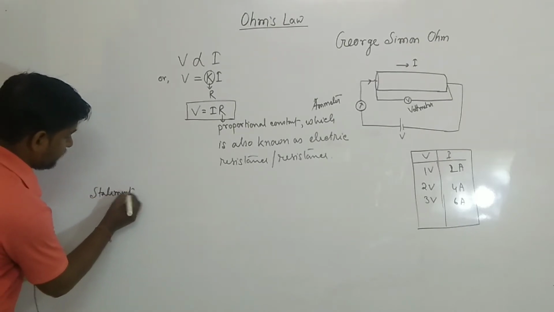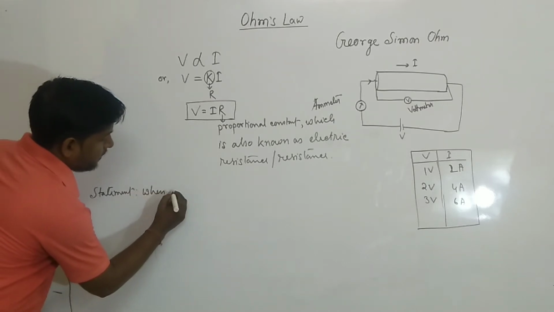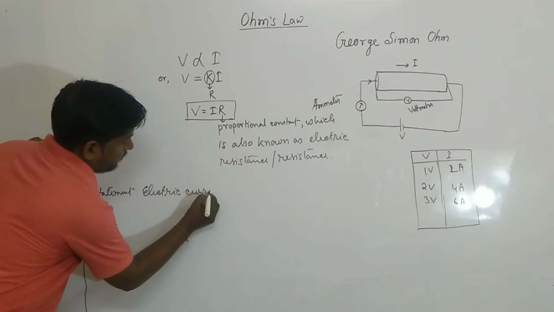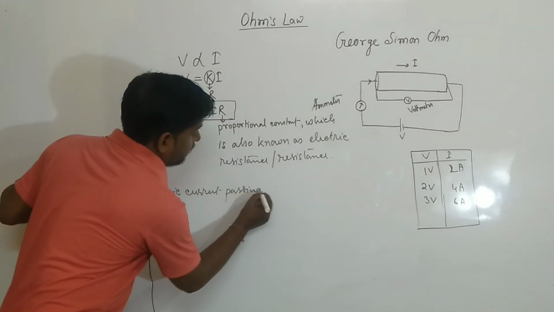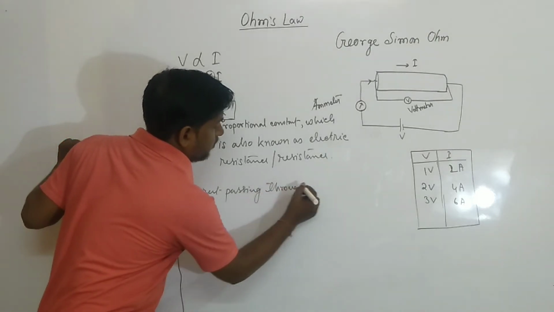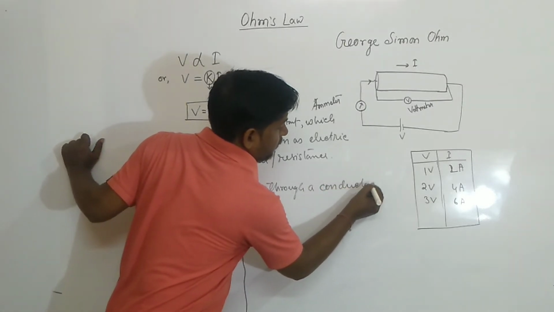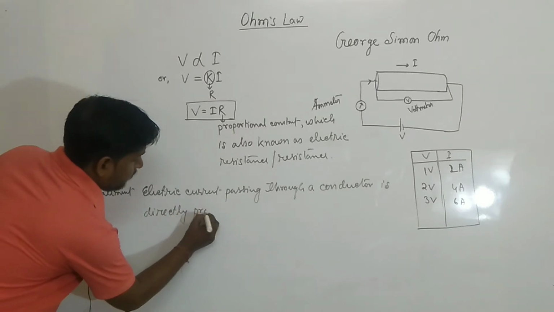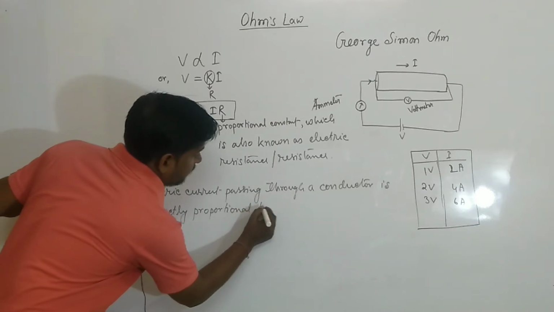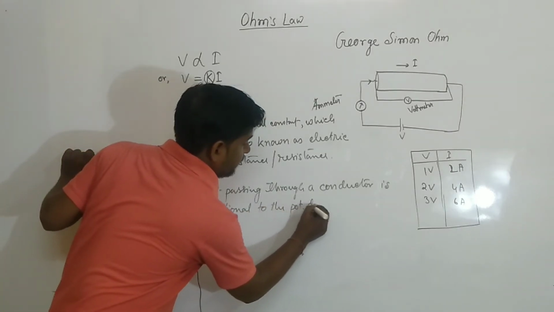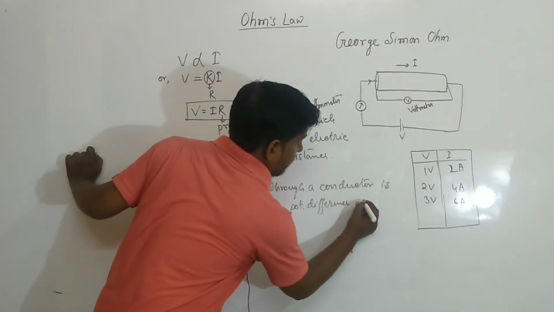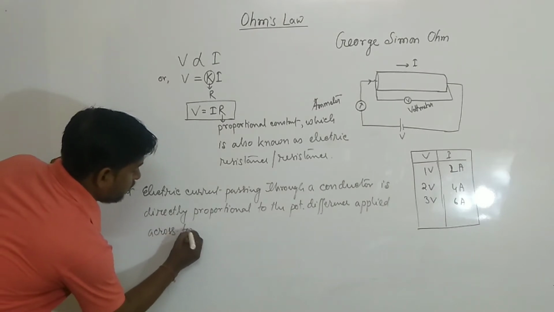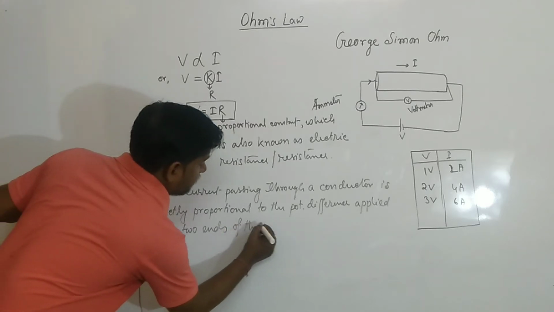So the statement is like this: when an electric current passing through a conductor is directly proportional to the potential difference applied across two ends of the conductor.